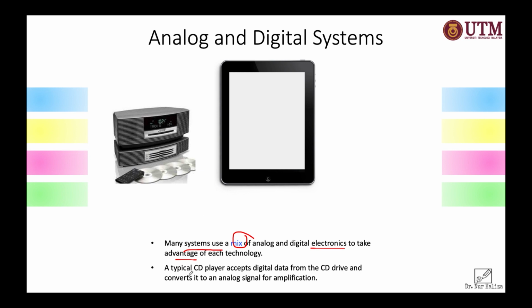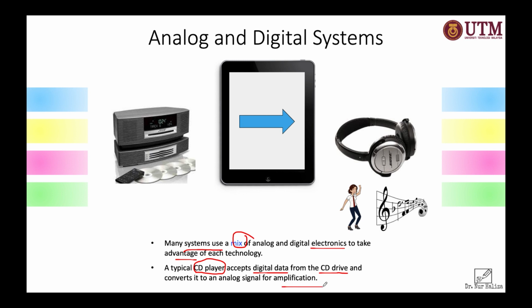So the example is, let's say you have a CD player, and you accept the digital data from the CD drive and then you convert it into an analog signal for amplification.